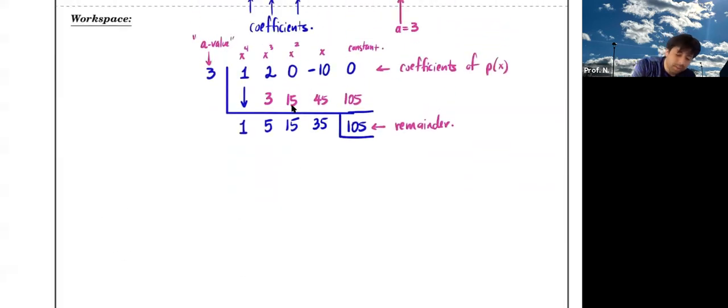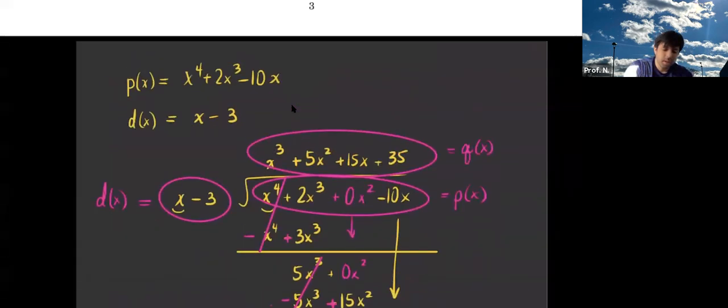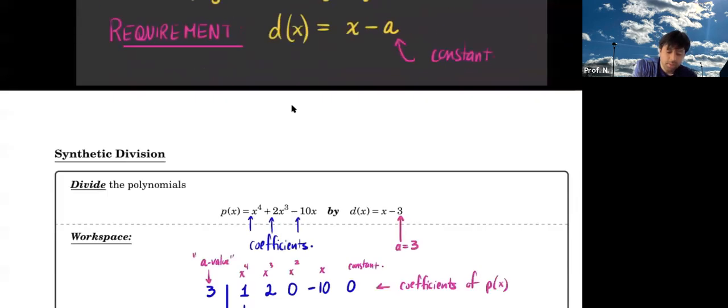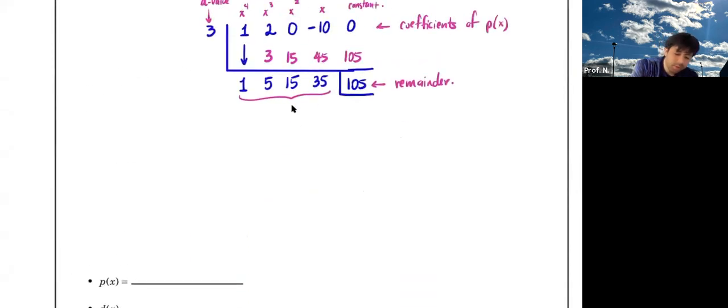And then what do these numbers represent? Do you guys see that? 1, 5, 15, 35. What do I get here? X cubed plus 5x squared plus 15x plus 35. What are these? These are the coefficients of the quotient. Do you guys see that?